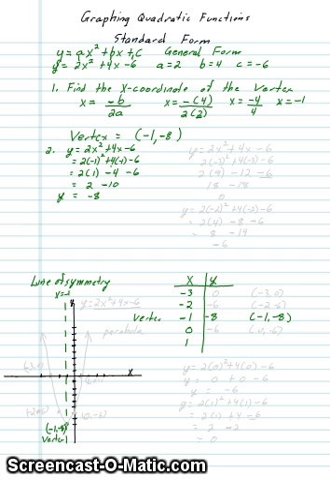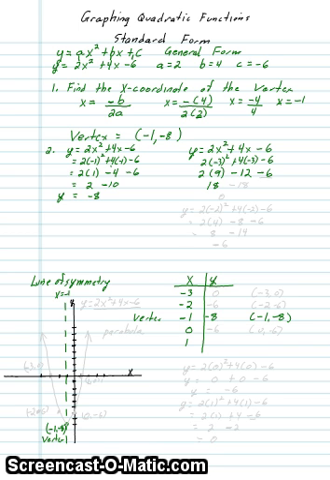Now, I'm going to substitute those values into y equals 2x squared plus 4x minus 6. So 2 times -3 squared plus 4 times -3 minus 6. -3 squared is +9. 2 times 9 is 18. 4 times -3 is -12 minus 6.